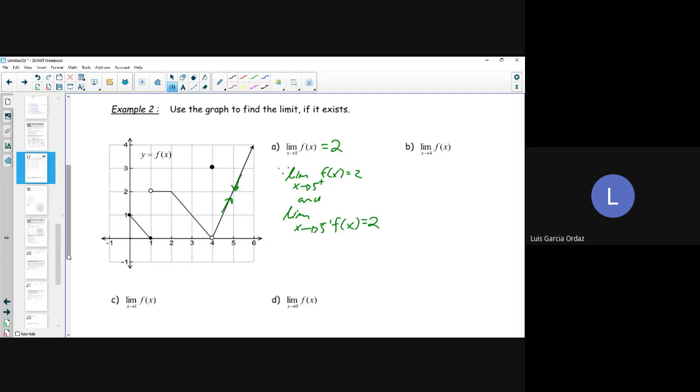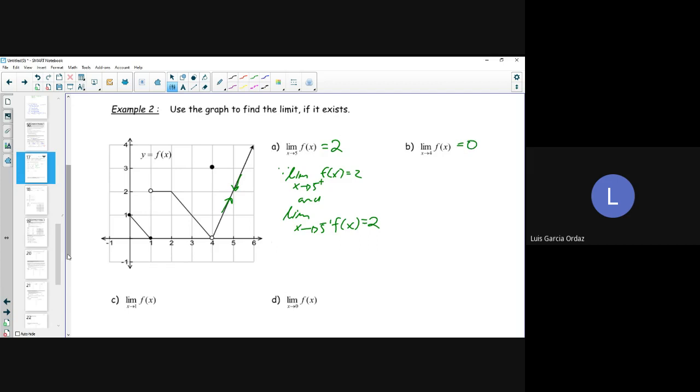Now the next one, what is the limit as x approaches 4 for this function? So the limit of the function does approach 0, okay?